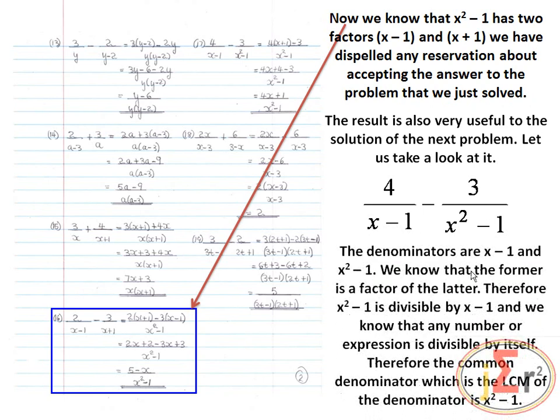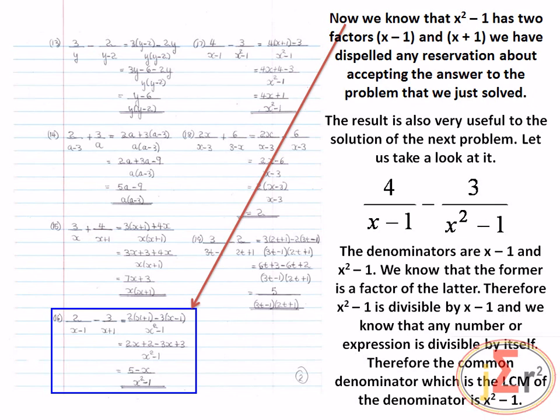So the denominators are x minus 1 and x squared minus 1. We know that the former is a factor of the latter, therefore we do not have exclusive denominators. Therefore, x squared minus 1 is divisible by x minus 1.